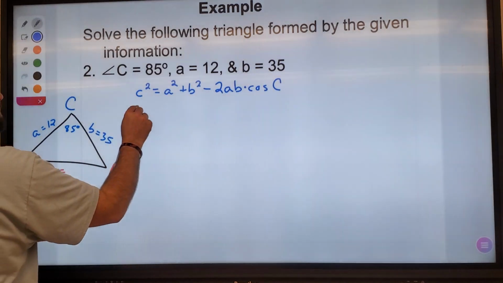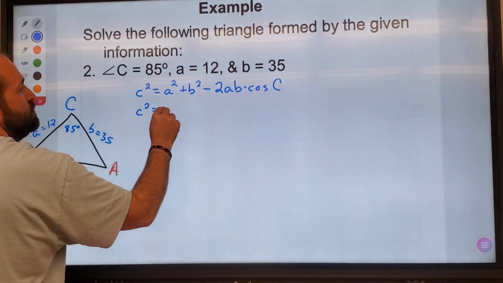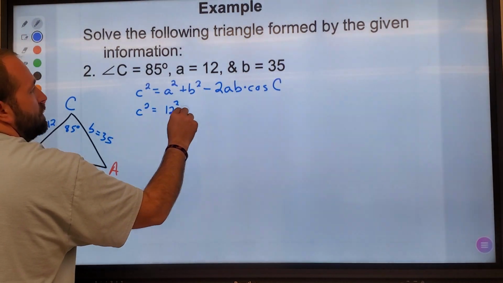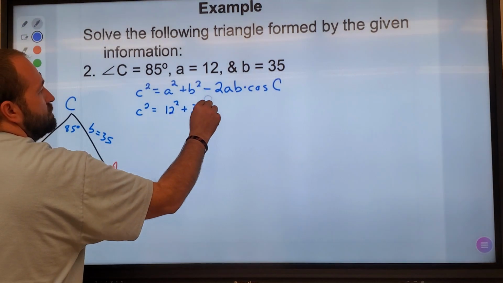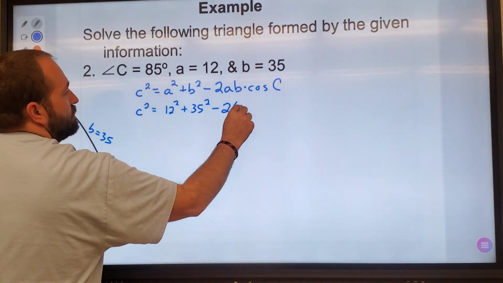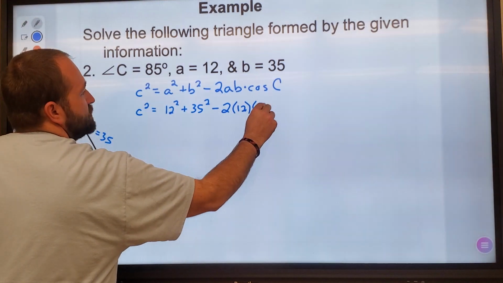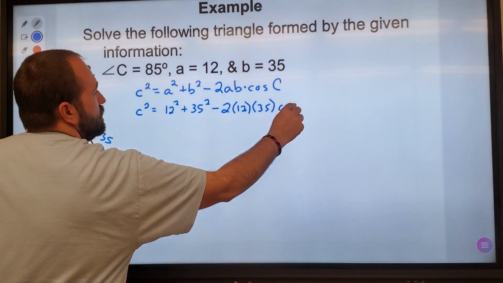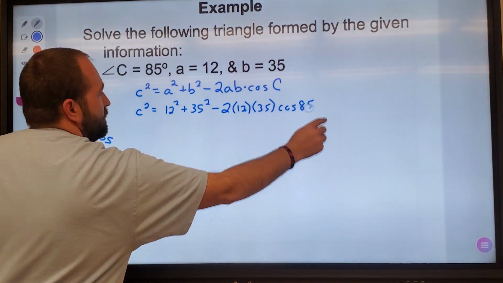Okay, so then plugging in things that we know, so C squared is equal to 12 squared plus 35 squared minus 2 times 12 times 35 cosine of 85.